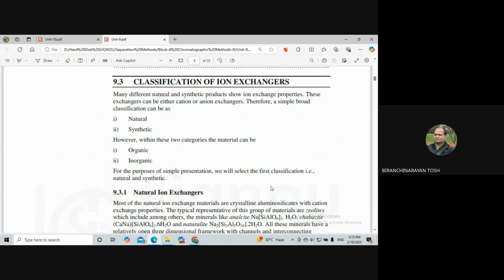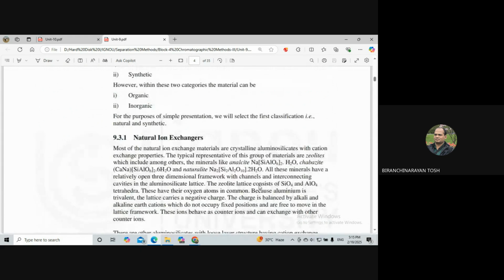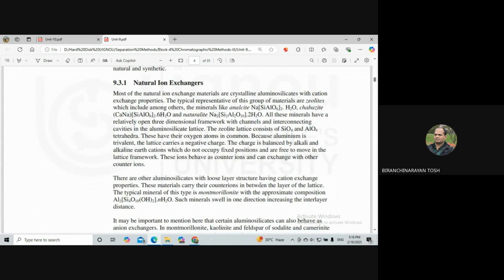A simple broad classification can be natural or synthetic, depending upon the origin, and they can again be categorized as organic or inorganic. For the purpose of simple presentation, we will select the first classification, that is natural and synthetic. So what is a natural ion exchanger, examples, and synthetic ion exchangers.